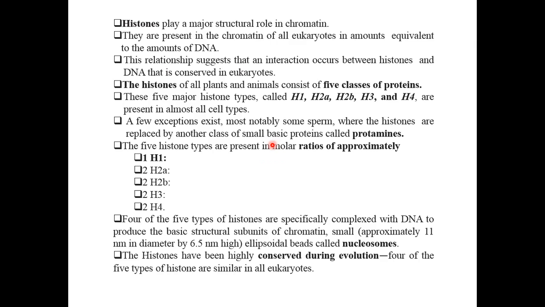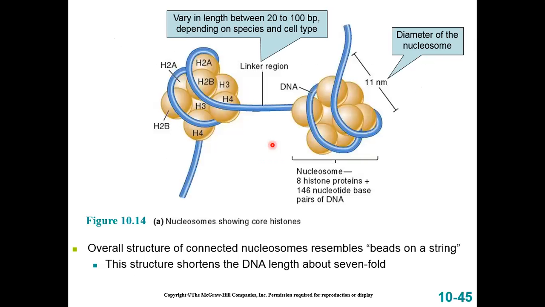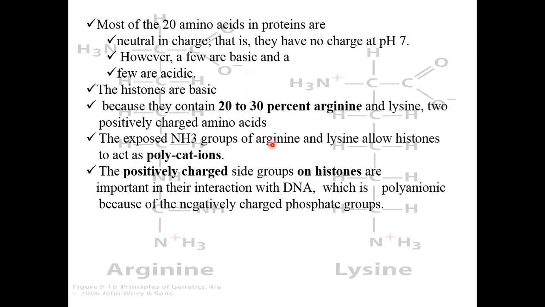The histones have been highly conserved during evolution. Four of the five types of histones are similar in all eukaryotes. Most of the 20 amino acids in proteins are neutral in charge. That is, they have no charge at physiological pH. However, a few are basic and a few are acidic.